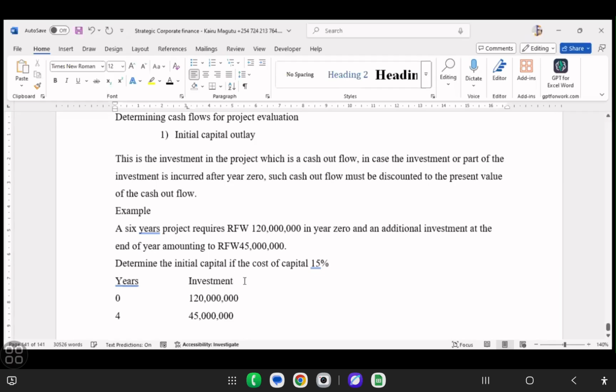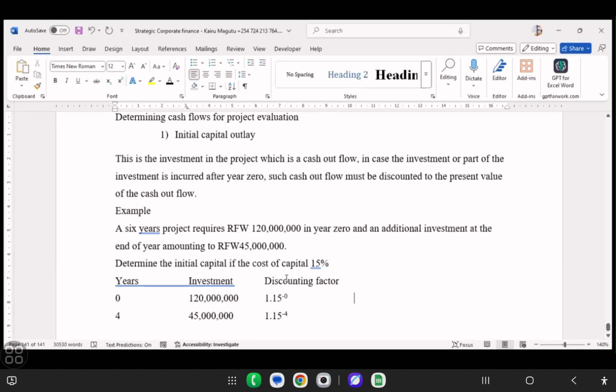This is what we need to discount. We say the discounting factor. I want someone to give me 1.15 power negative 0, and another to give me 1.15 power negative 4, so that we can get the present value of the capital invested.